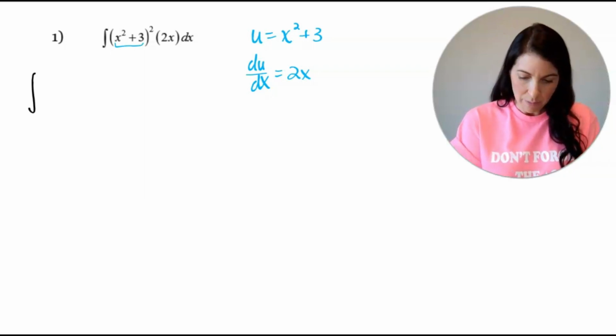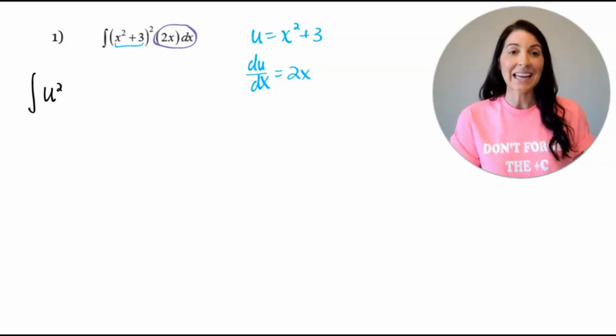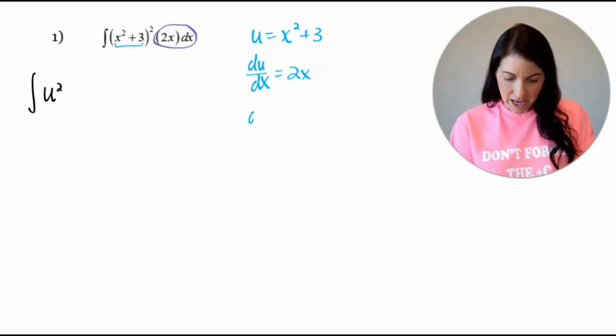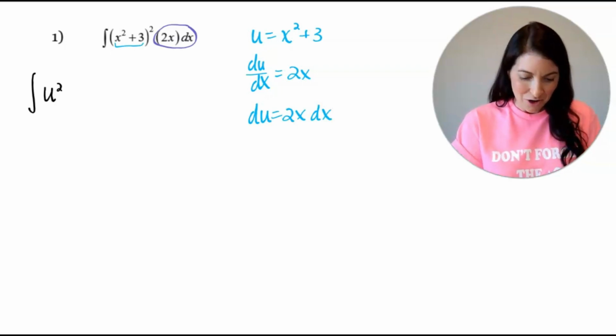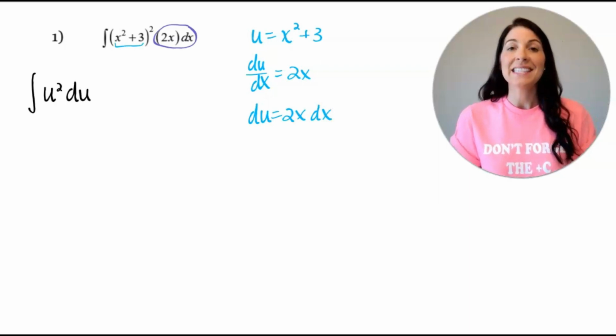So I can swap this out with u squared. Next, I see what I have remaining. I have 2x dx remaining, and I need to substitute that for something with a u. And I can see if I just multiply the dx over, I see that du is equal to 2x dx, a perfect match. So my new integral in terms of u is going to be u squared du.